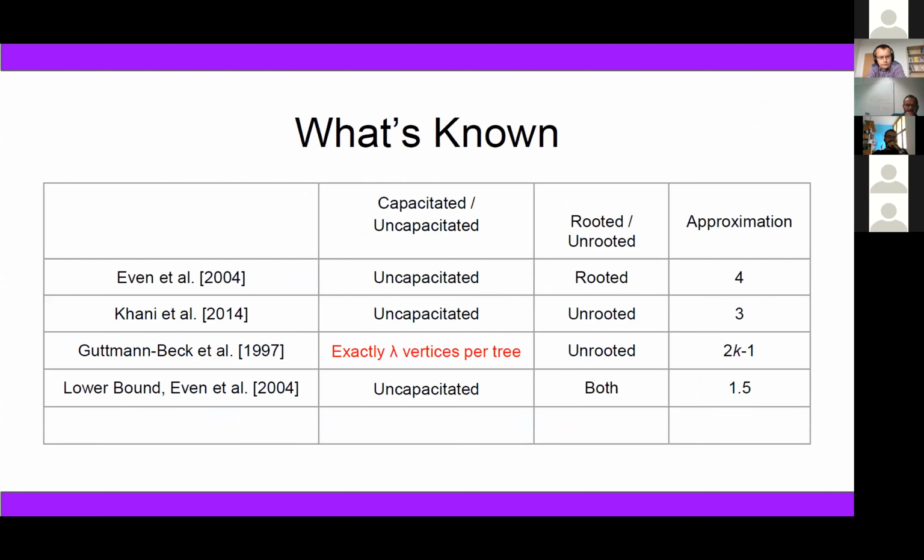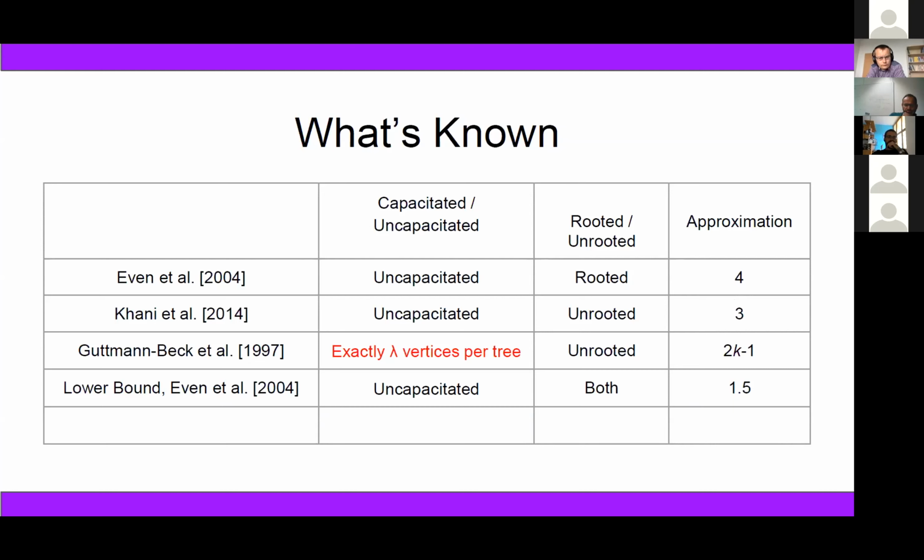So let's take a look at what is known about these sorts of problems. For the uncapacitated version, both for the rooted and unrooted cases, there are very small constant factors known, although these are not tight. There's a 4 for the rooted version, a 3 for the unrooted version, while the only lower bound that we know is 1.5. So there, of course, is a gap.